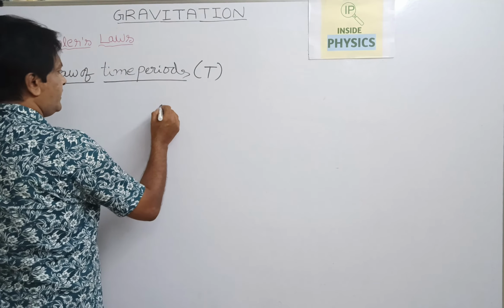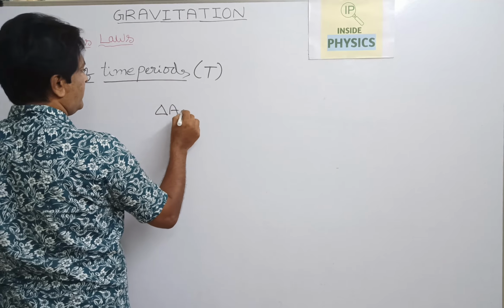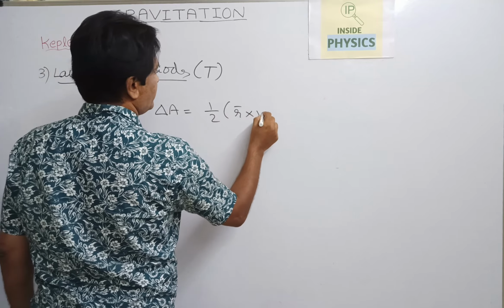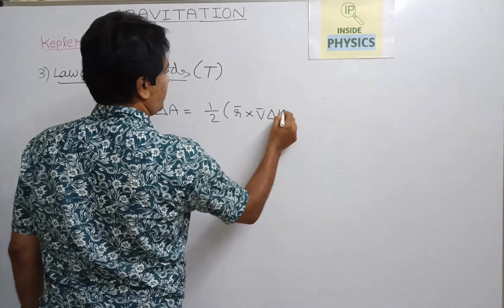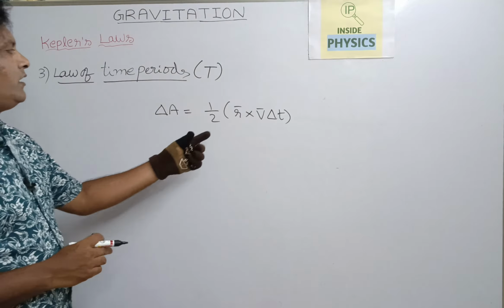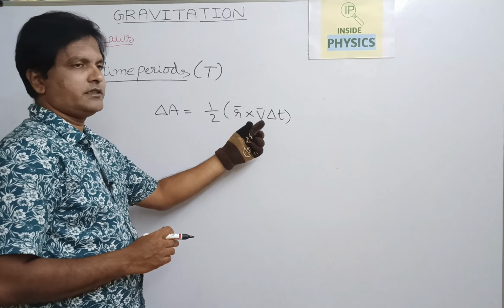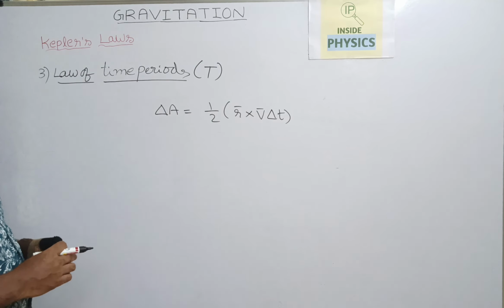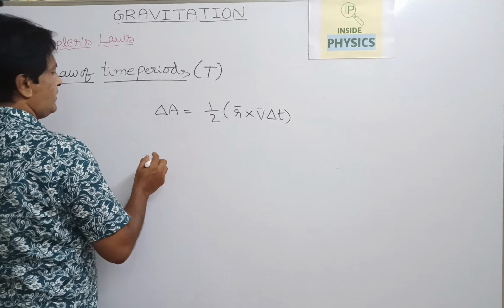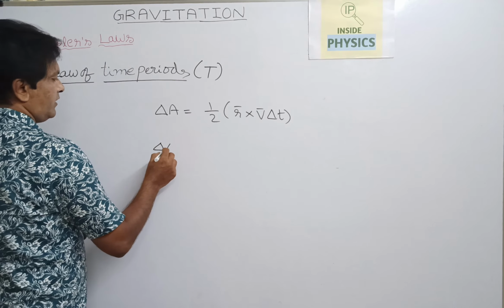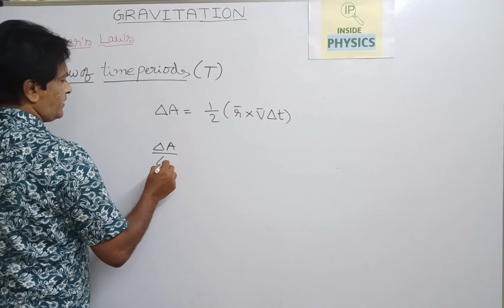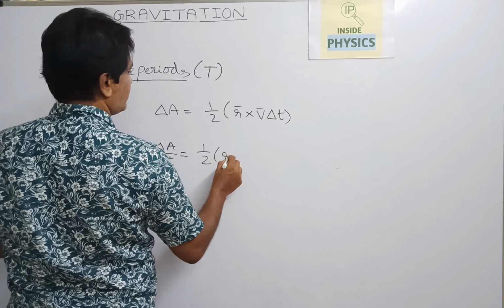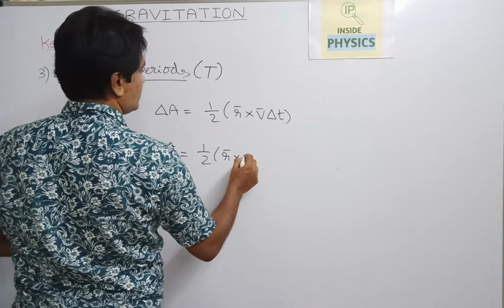So the area swept out delta A can be written as half into r bar cross v bar delta t, where r is the distance and v is the velocity of the planet, delta t is the time interval. Okay, if you want the area covered in a particular time interval, we can write this as half into r bar cross v bar.